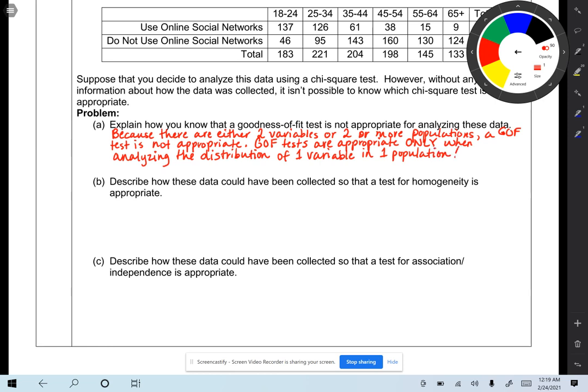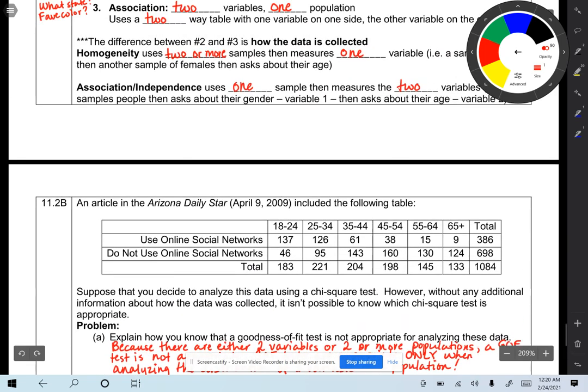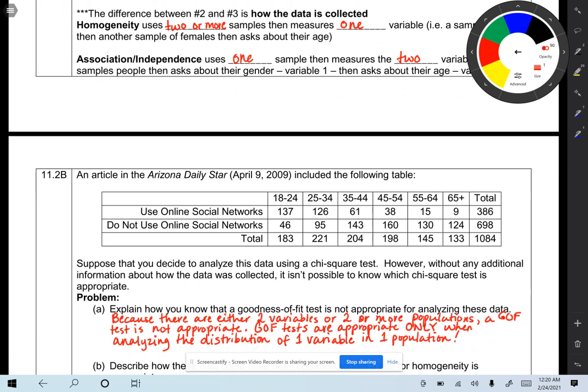Right. B, describe how these data could have been collected so that a test for homogeneity is appropriate. So the test for homogeneity, if you look over here on the previous page, uses two or more samples, then measures one variable.